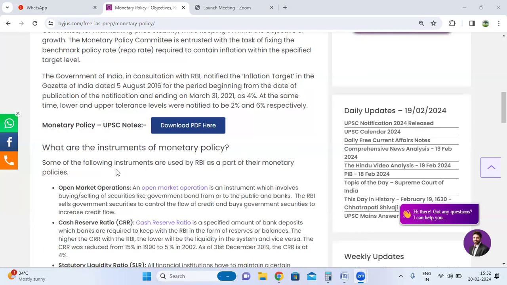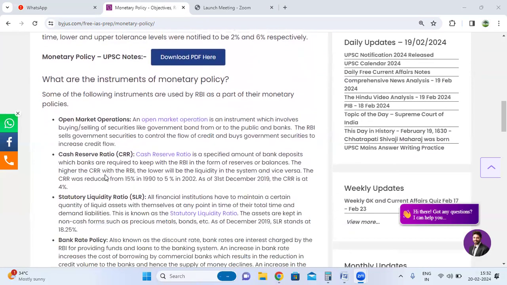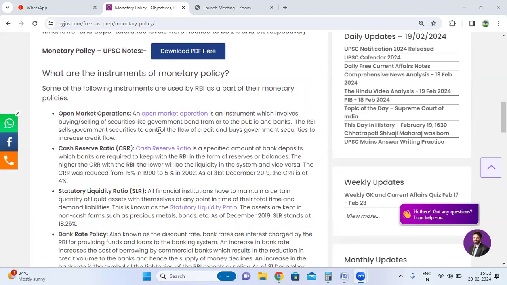What are the main instruments of monetary policy? First, open market operations. An open market operation is an instrument which involves buying and selling of securities, like government bonds, from or to the public and banks.